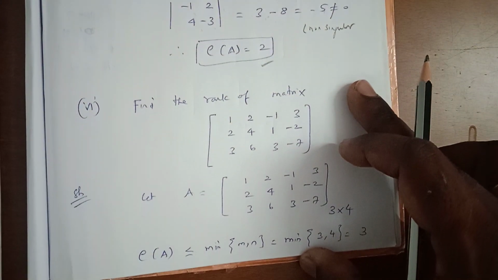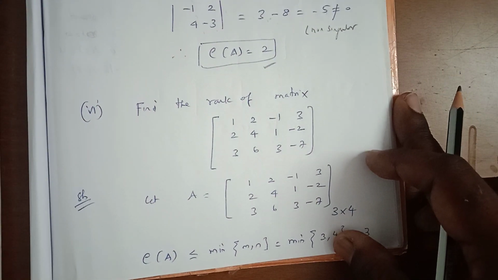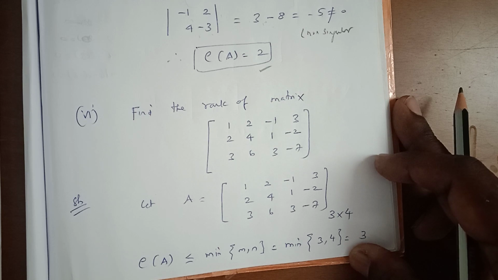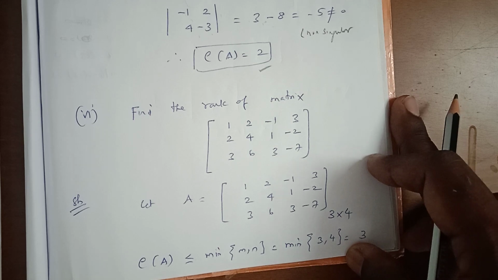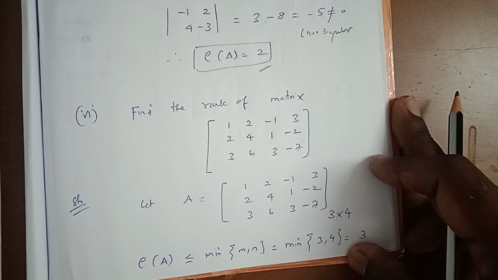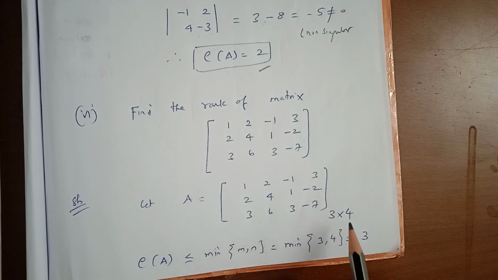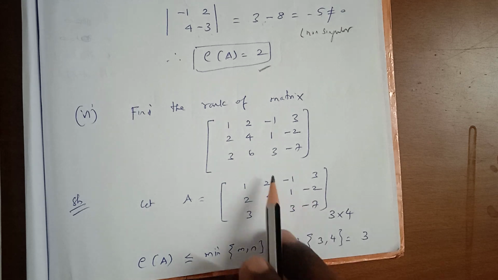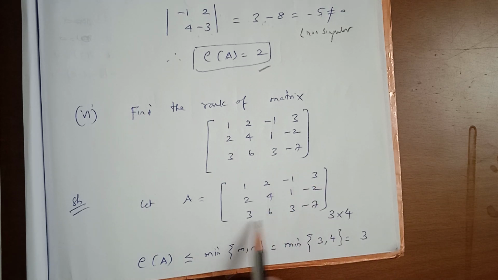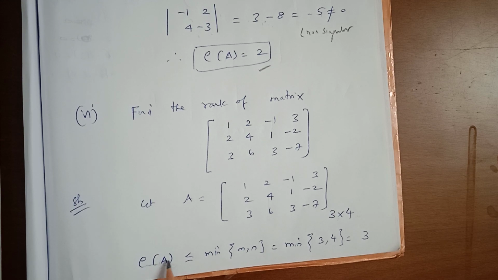Sum number 6. Find the rank of the matrix 1, 2, minus 1, 3; 2, 4, 1, minus 2; 3, 6, 3, minus 7. So the given matrix is a 3 by 4 matrix, 3 rows and 4 columns. For a 3 by 4 matrix we apply the formula: rho of A is less than or equal to minimum of m comma n.